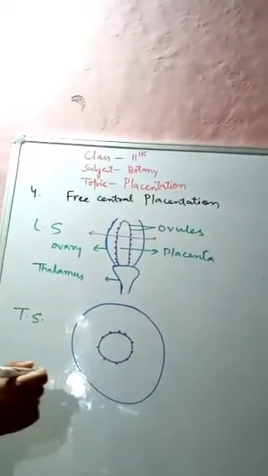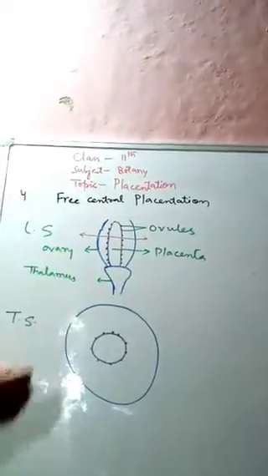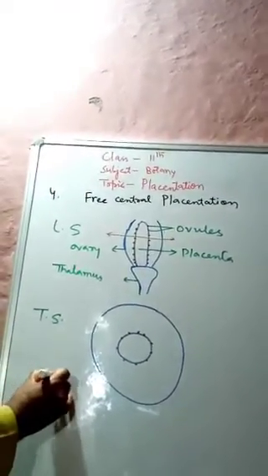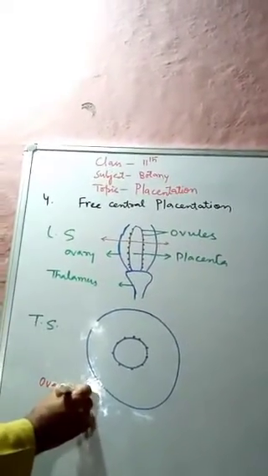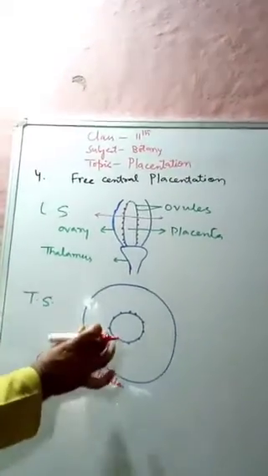We will see that this ovary is unilocular, that is, only a single chamber is found there.